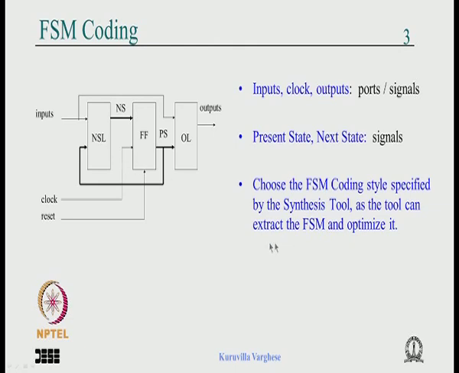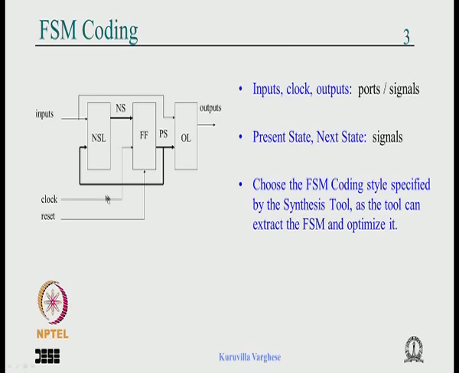And a very important thing: though we said that you can adopt various ways of coding the finite state machine, you have to choose the style as specified by the synthesis tool. The basic idea is that the synthesis tool should be able to infer that this constitutes a finite state machine, so that FSM specific optimization can be done on this structure.